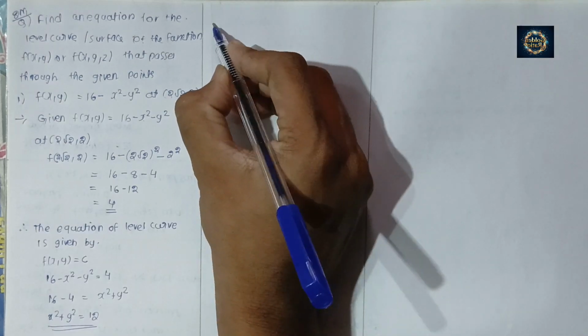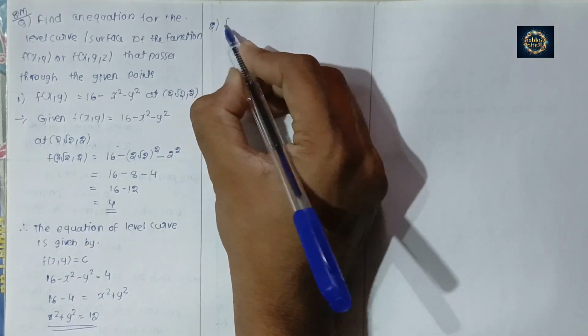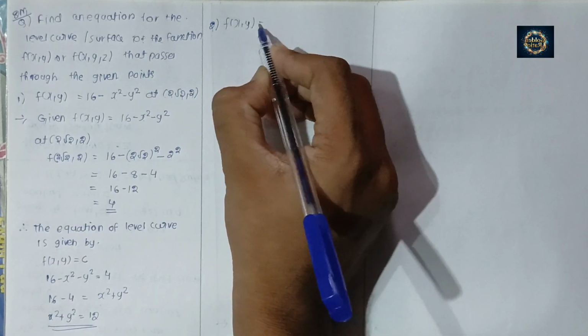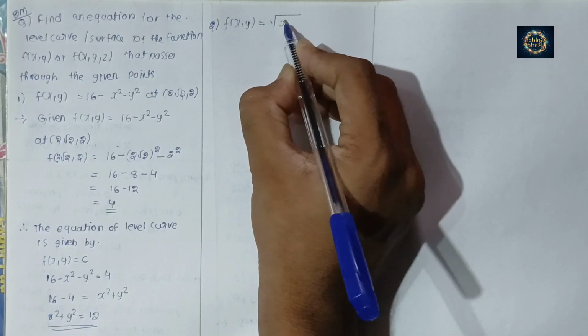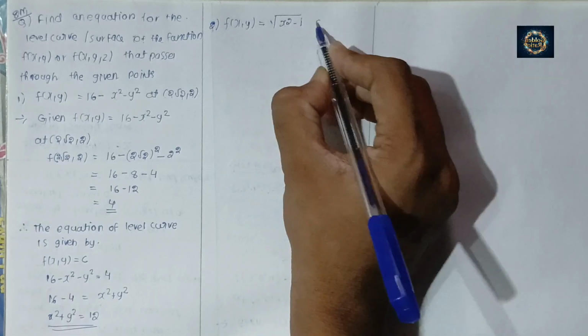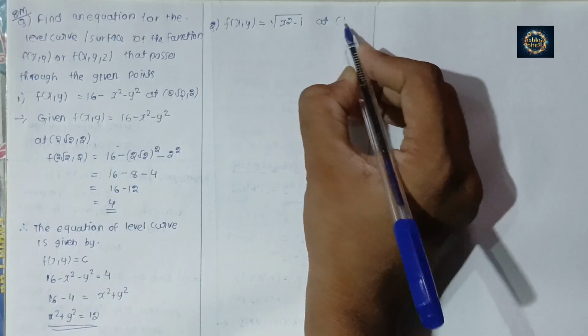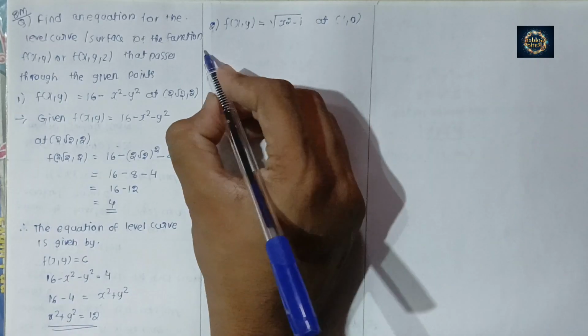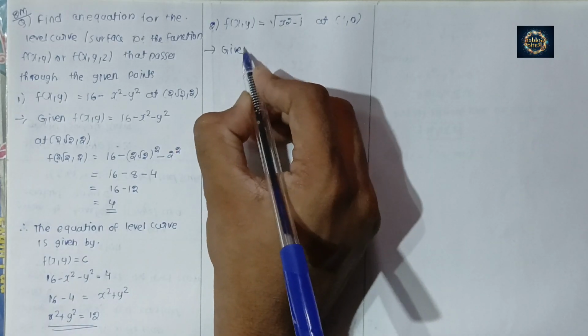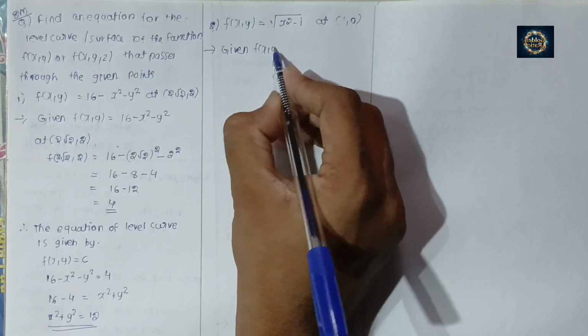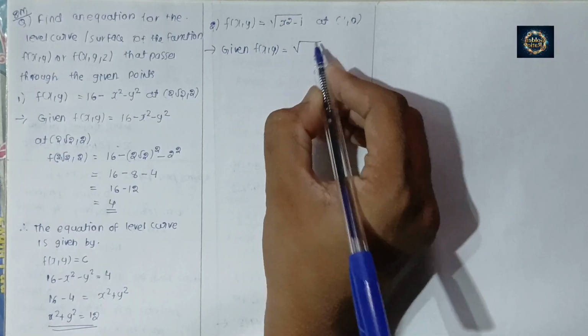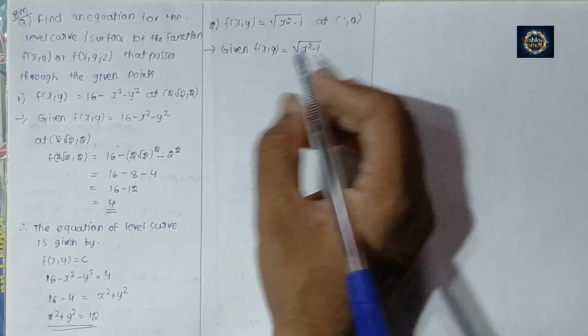Next, the second question, which is also the level curve f of x comma y which is defined as square root of x square minus y at the point 1 comma 0. So we can write, given f of x comma y which is equal to square root of x square minus y.